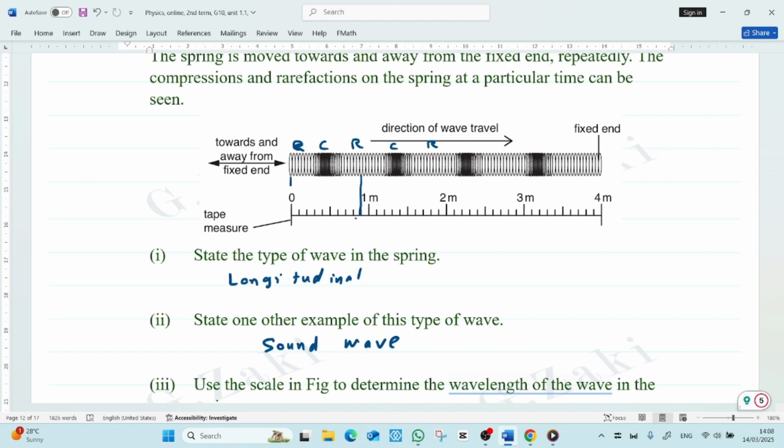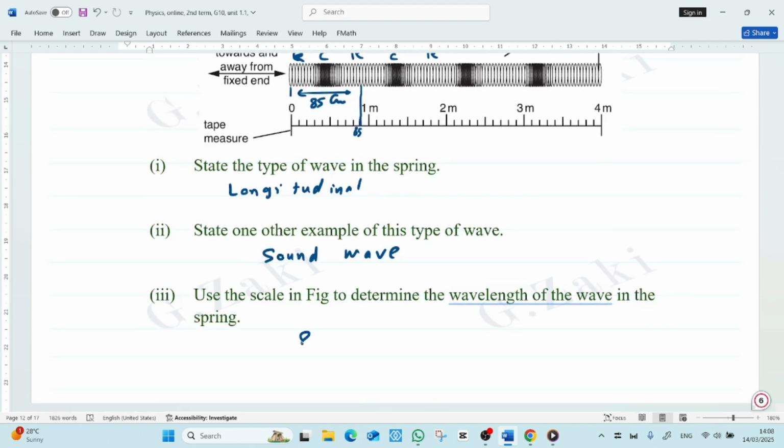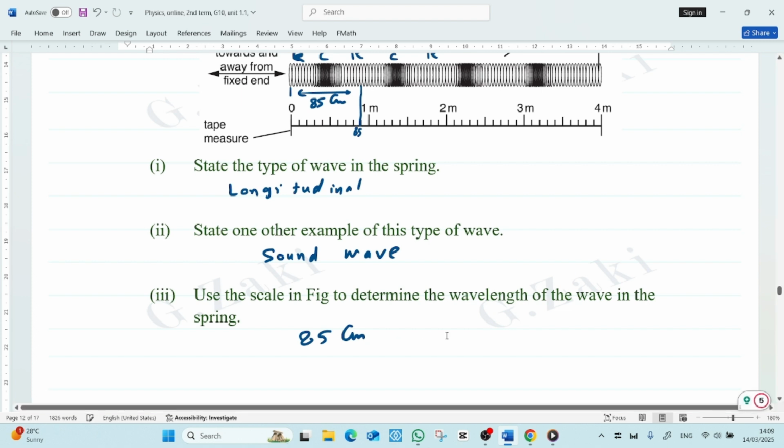Then it's approximately 85 centimeters. So the wavelength is the distance between the center of one rarefaction to the center of the next. This distance is approximately 85 centimeters or 90 centimeters. So the wavelength is 85 centimeters or 90 centimeters, both are correct.